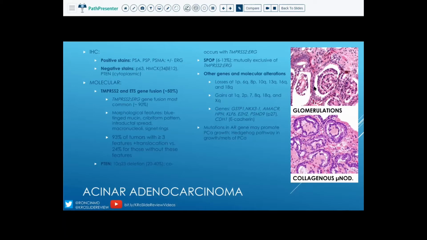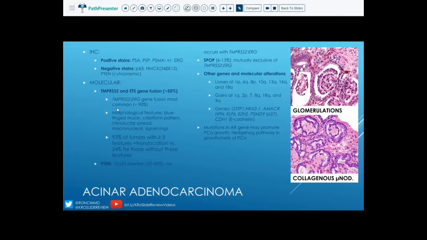So these are tumor cells. It stains for adenocarcinoma markers: PSA, PSP, PSMA, and you may or may not get some ERG in there if there's the mutation. Negative stains are your basal stains: P63, high molecular weight cytokeratins, and there can be cytoplasmic loss of PTEN, again related to mutations.